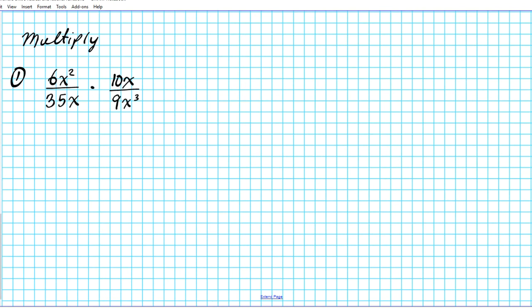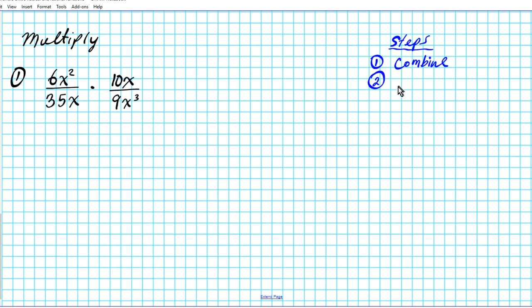To do this, the steps that we're going to follow are as follows. There are different ways you can multiply rationals, but this is the method I'm going to be implementing in this problem and in the next one. First, we're going to combine the fractions into one using the product property.